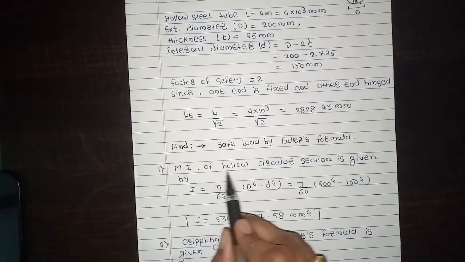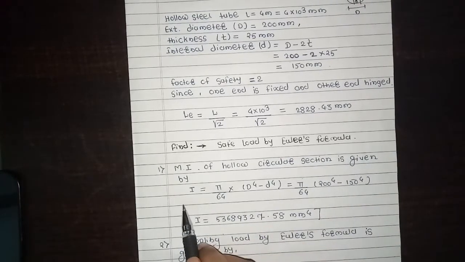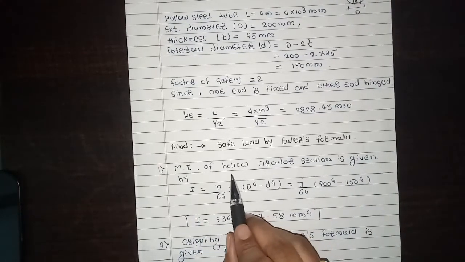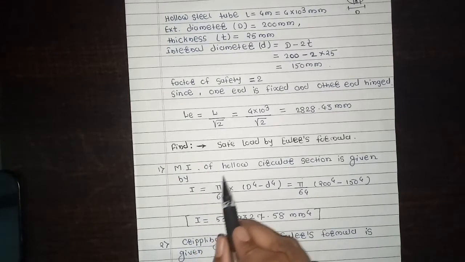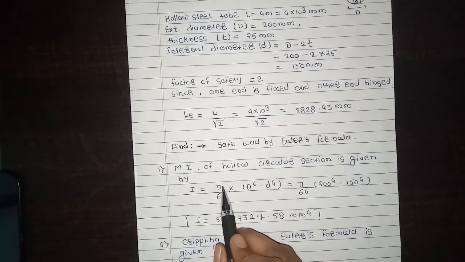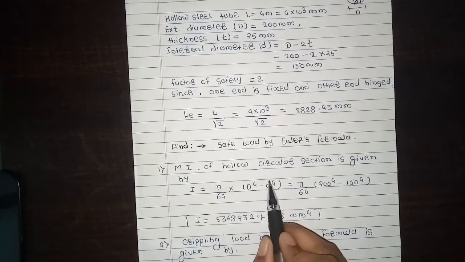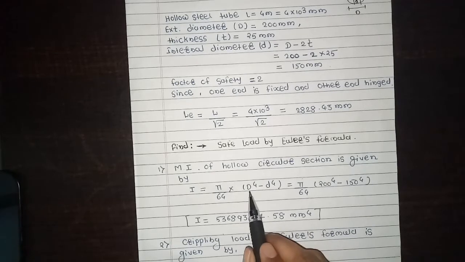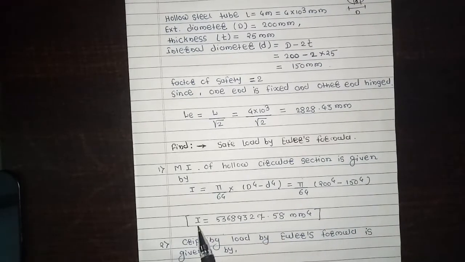So moment of inertia of hollow circular section is given by, how to calculate moment of inertia for hollow circular section? Moment of inertia for hollow circular section is calculated by formula pi by 64 into capital D raised to 4 minus small d raised to 4. So put the value of capital D and small d, then we get I value.